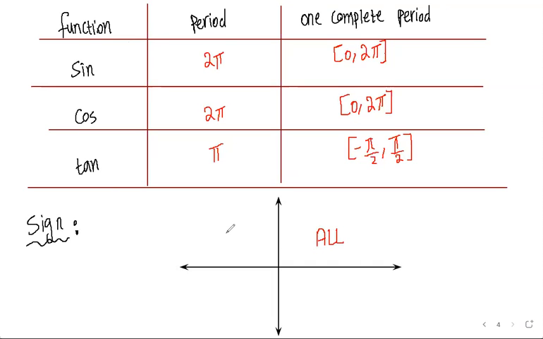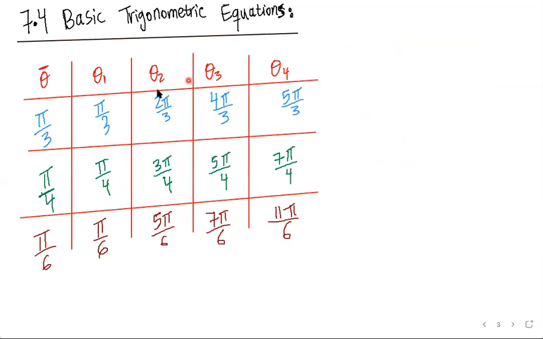All Students Take Calculus. So all the functions are positive here. The sine function is positive here. The tan is only positive here. The cosine is only positive here. This is just review.